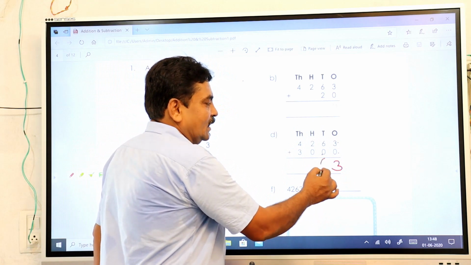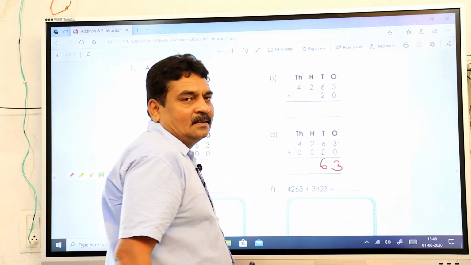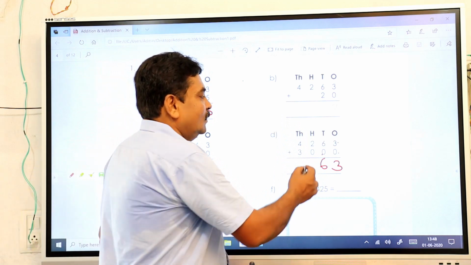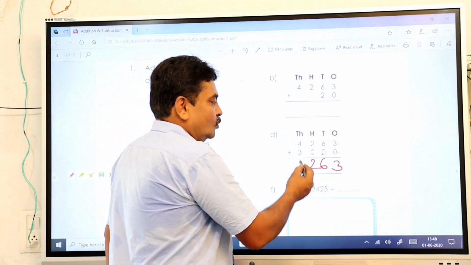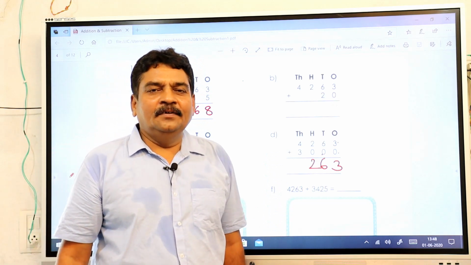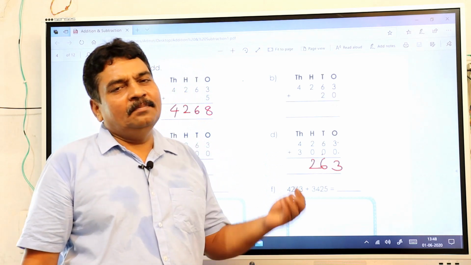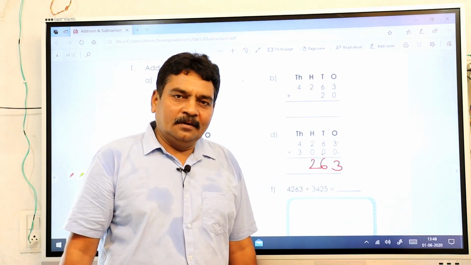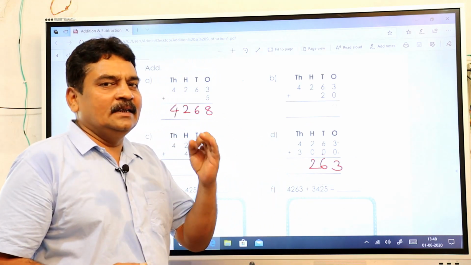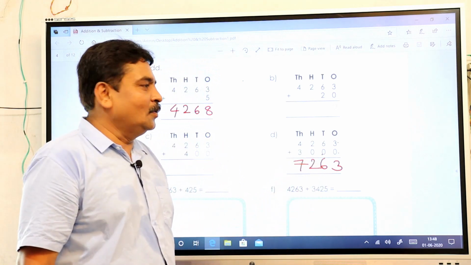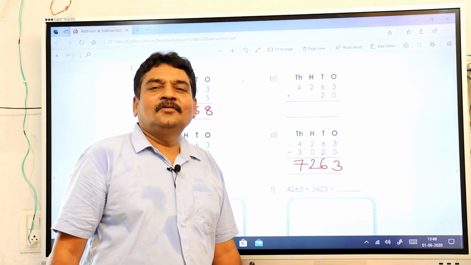Keep 6 as it is. 2 plus 0, 0 means nothing you are going to add, so 2 remains as 2. Now 4 plus 3. Out of 4 and 3, which is the bigger number? 4. You keep that 4 in your thought and add the other number. So 4, after that 5, 6, 7. 7. That's why it is my favorite, because 3 zeros are there.